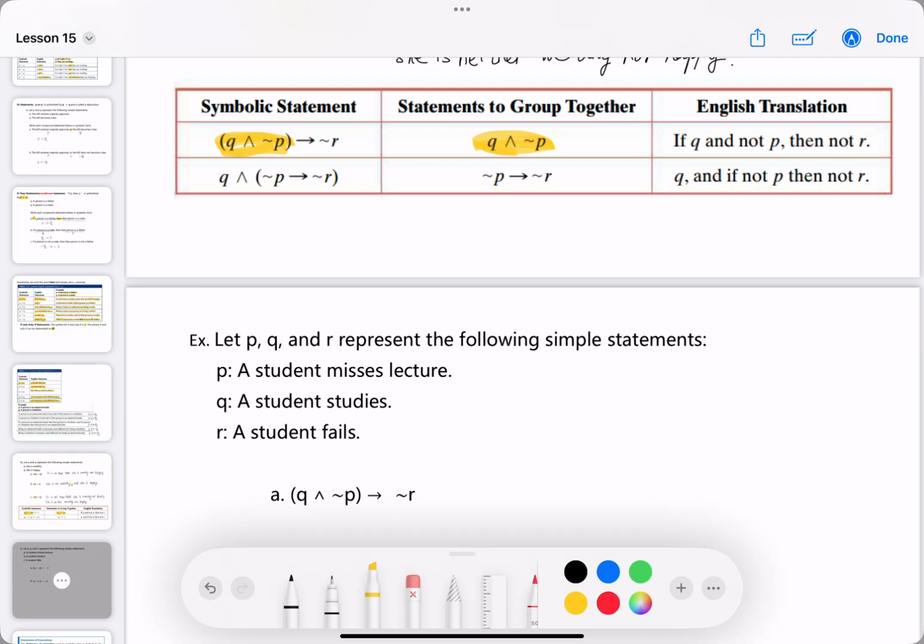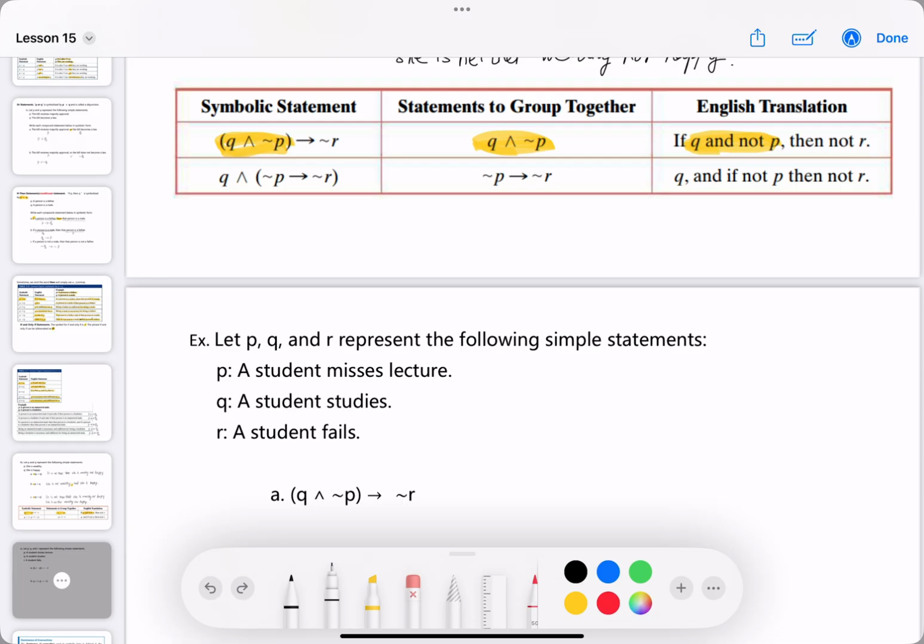So the English translation of this sentence is, if Q and not P, comma, because in front of the comma, this is your grouped statement, comma, then not R. So if the grouped statement, then not R, because this is not R. This is an if-then sentence.